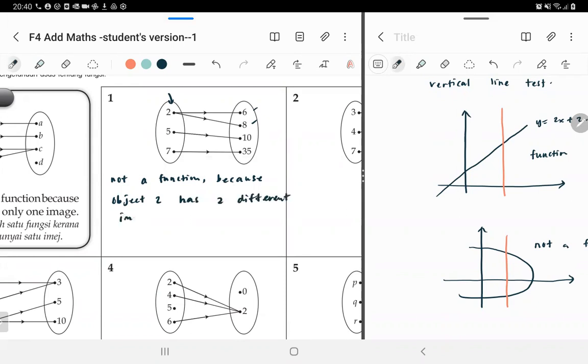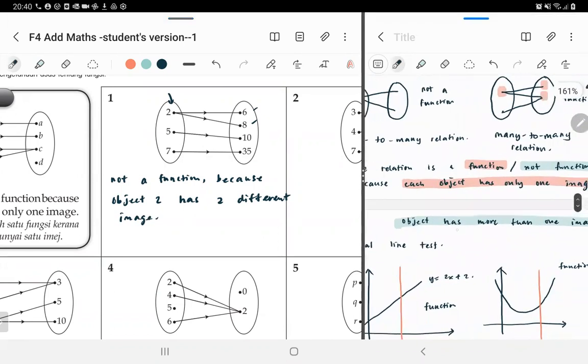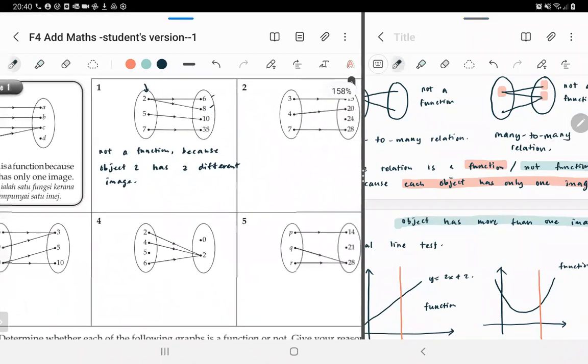If you're lazy to remember this kind of thing, then you can use a standard sentence, the standard sentence just now: because the object has more than one image. Or else if you want to be specific, then you write like this: object 2 has 2 different images. Okay, so simple one.